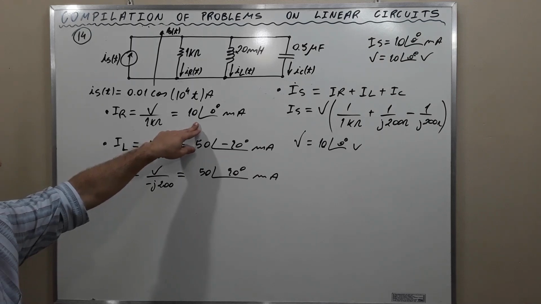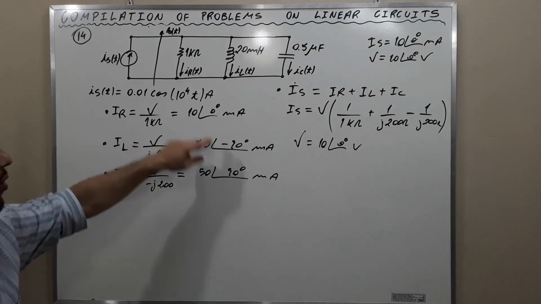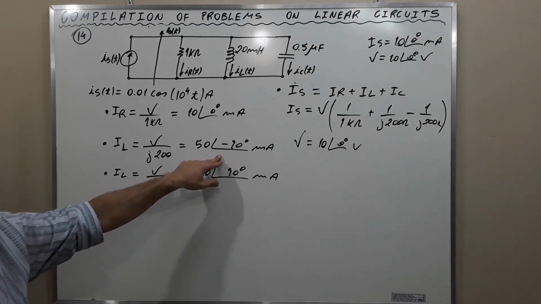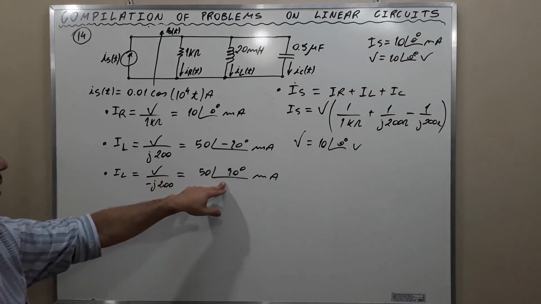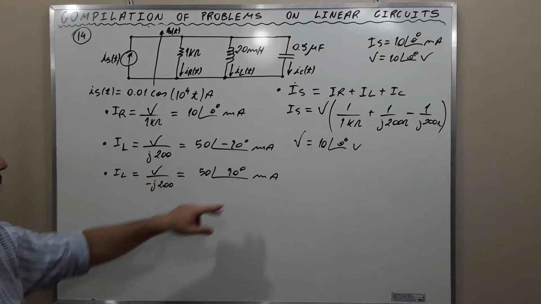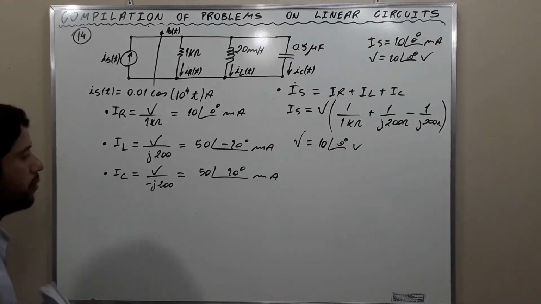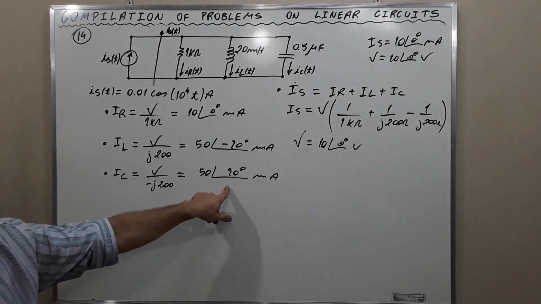The current in a resistor is in phase with the voltage. In an inductor, the current lags the voltage, and in a capacitor, the current leads the voltage.